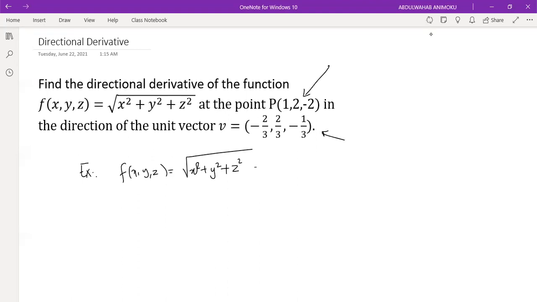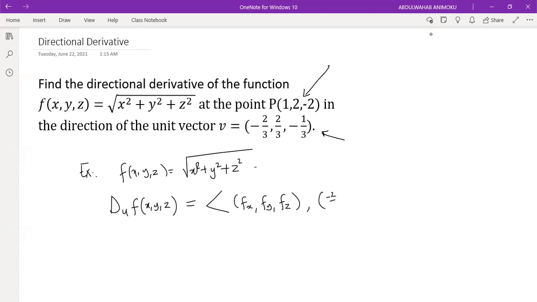Now let's quickly pull up the formula for calculating this directional derivative. So here it is. For any function f of x, y, z at a particular point x, y, z, the directional derivative is just the inner product. Now you'll be asking, inner product of what? It's just the inner product of the gradient vector, and mind you, this gradient vector will be evaluated at this particular point x, y, z, and the unit vector v.